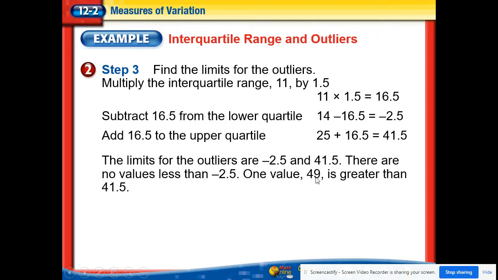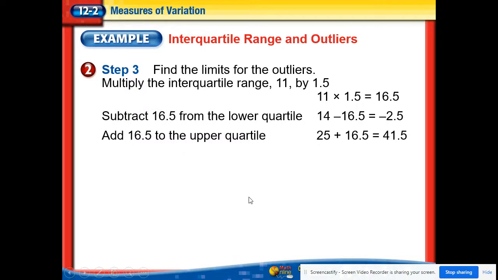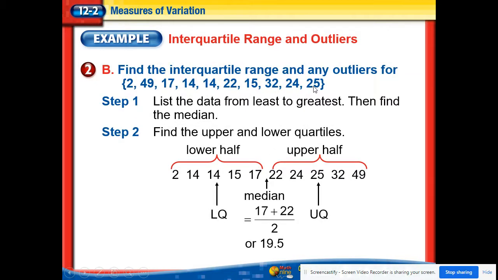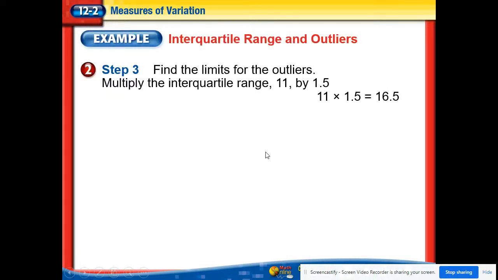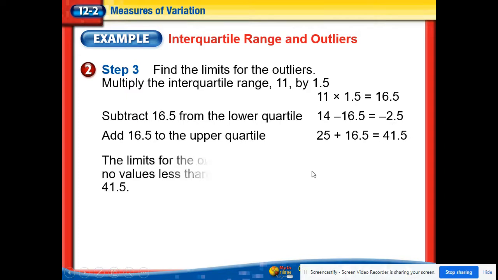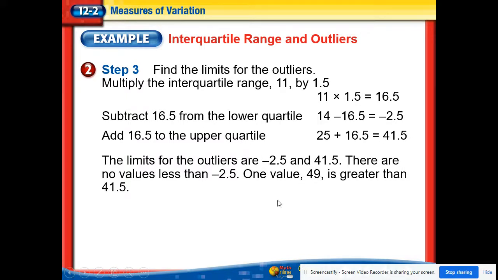There is one value that is outside of that, the value of 49. If we go back to looking at this, that value here of 49. The 2 is close, but it's negative, it's -2.5 that we came up with. Because of that, only 49 is outside of that. So 49 is considered an outlier. 11 is the interquartile range.